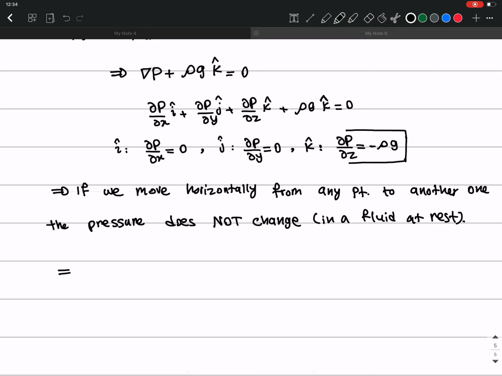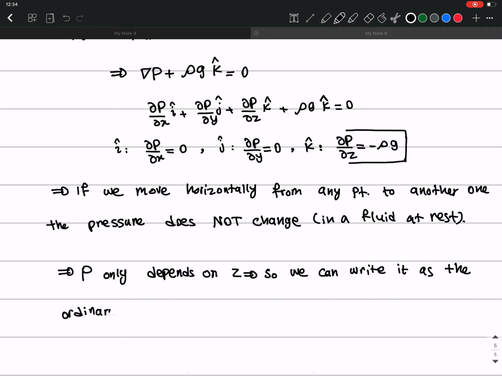And the second thing is that pressure only depends on Z. So we can write it in the ordinary differential form as follows.